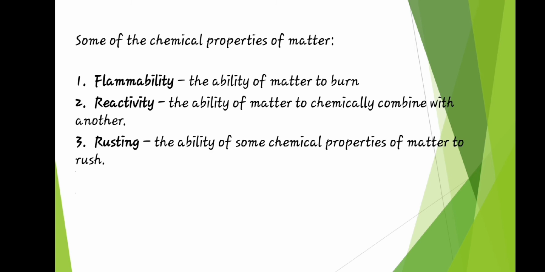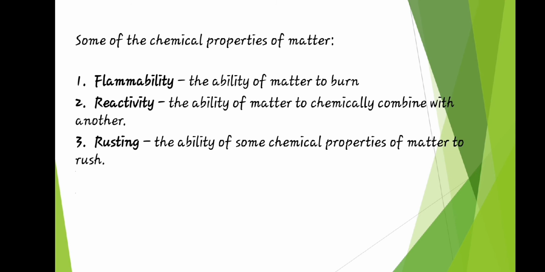If you combine a substance with another substance, it will produce a reaction, and that reaction possesses reactivity. I hope you understand now the two major forms of chemical properties. We have flammability and reactivity. Now let's proceed to another.